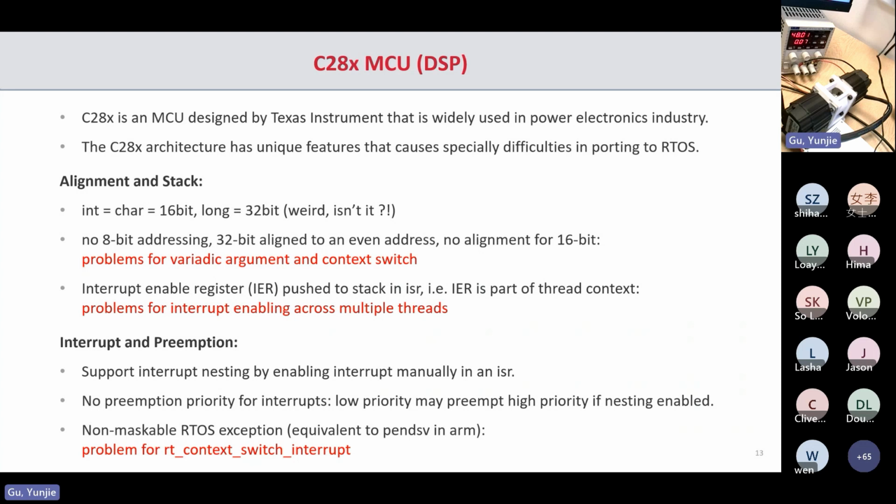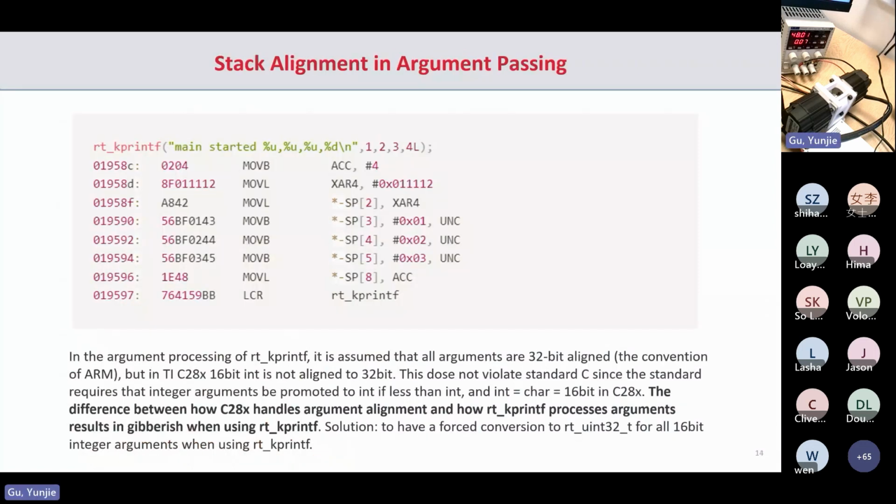That means whenever you trigger it, it is going to be responded to, even inside an interrupt. This also created a lot of trouble for us in porting the context switching assembly code, but fortunately, we managed to solve all these problems.